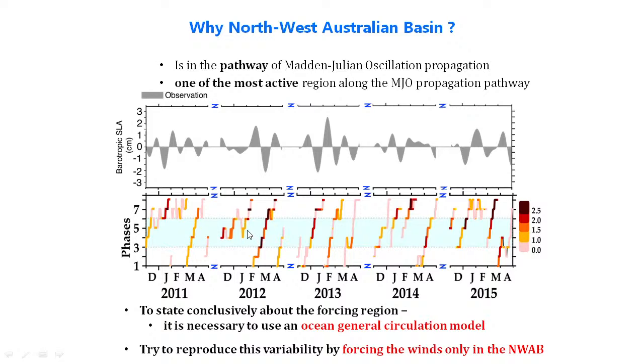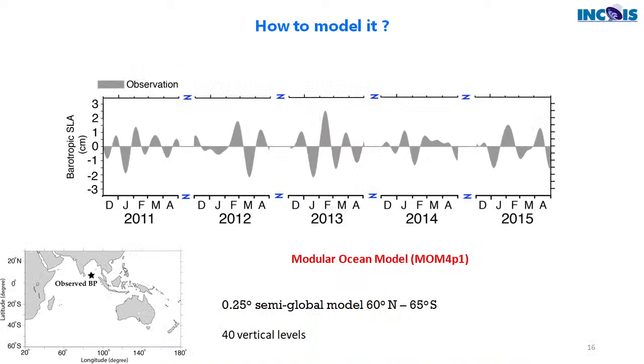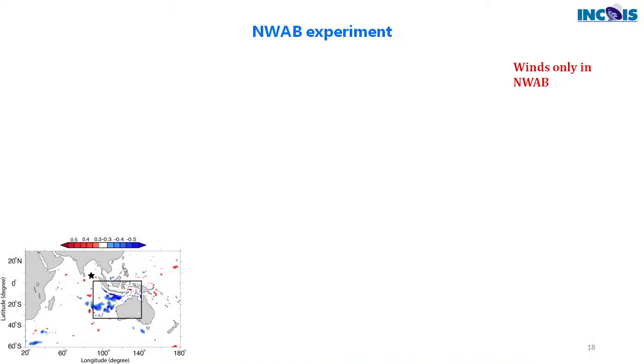Next question: as the MJO moves forward in the eastward direction, is the mass movement and sea level variability observed in the Pacific, or in both the Pacific and Indian Ocean? As I told you, the only forcing region we have found till now is this Northwest Australian Basin region.